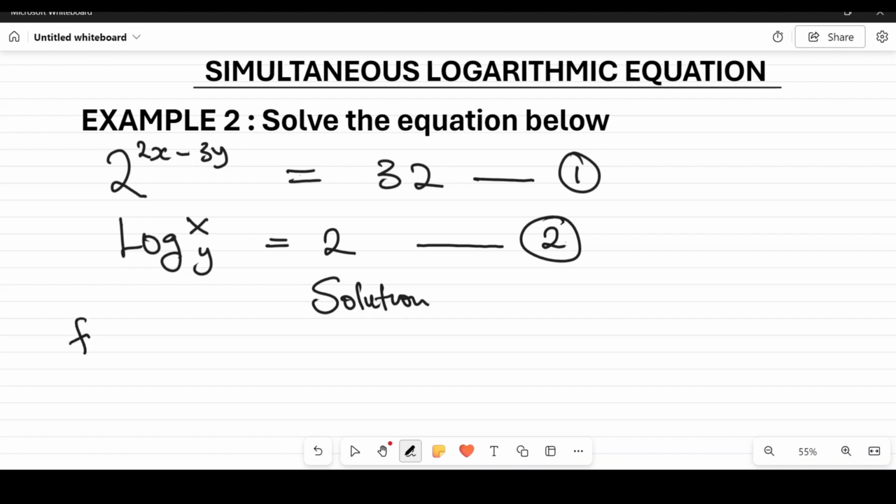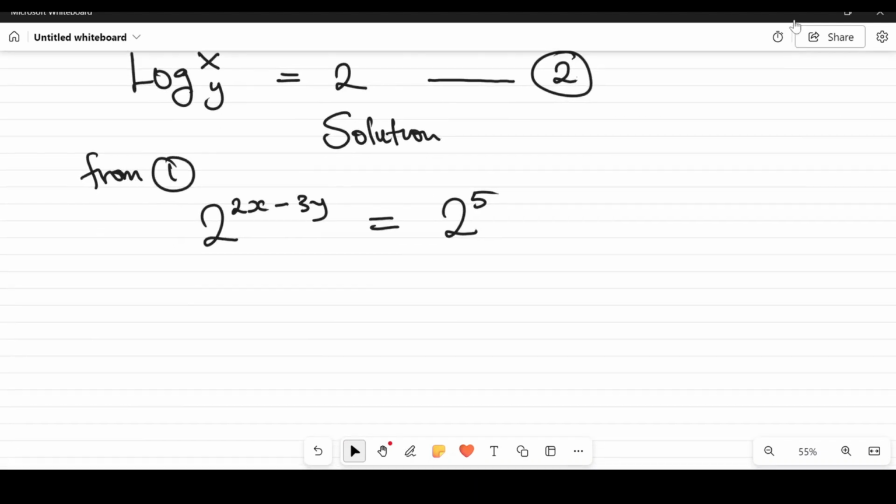So from 1, we have 2 raised to the power of 2x minus 3y is equal to 2 raised to the power of 5. Since their bases are the same, this becomes 2x minus 3y is equal to 5. Call this one equation 3.